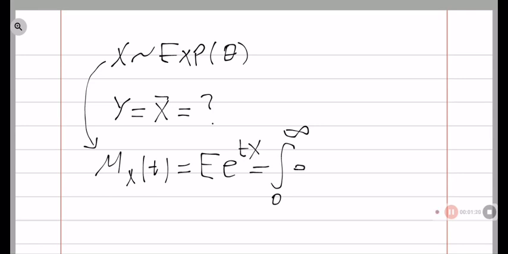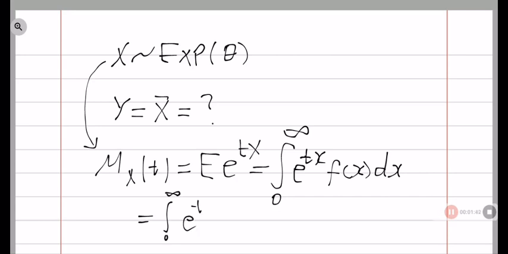So that will be the integral of e to the tx times f of x dx. Now, rewriting it again, from 0 to infinity, e to the tx, and we have theta e to the minus theta x dx.